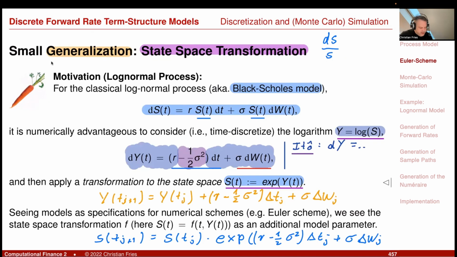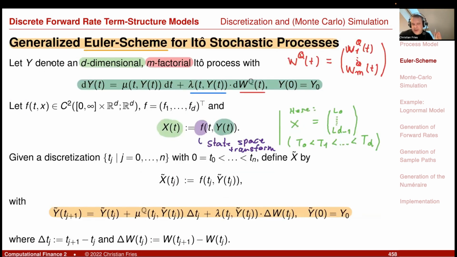So you see that here. Here the coefficient in the S state space is sigma times S. Here the coefficient is just the sigma. And also the drift may change. Here it's r times S. Here it's r minus 1/2 sigma squared. So my model specifies the coefficients for the underlying process y. So we specified drift and the diffusion coefficient, the factor loadings, for the process y.